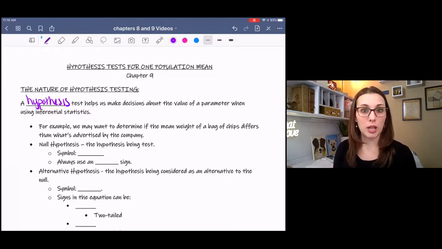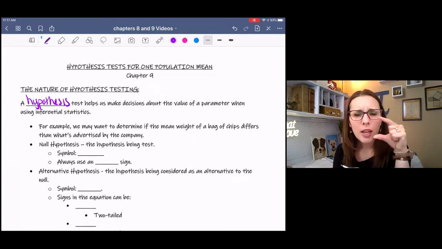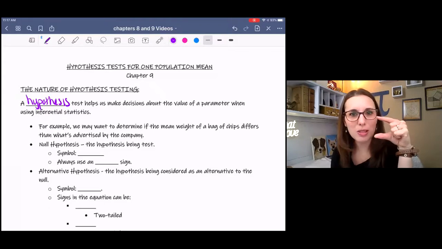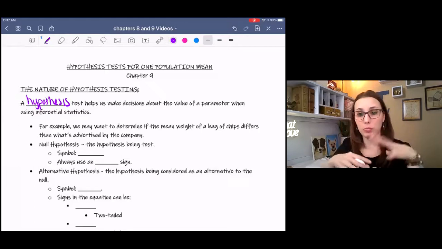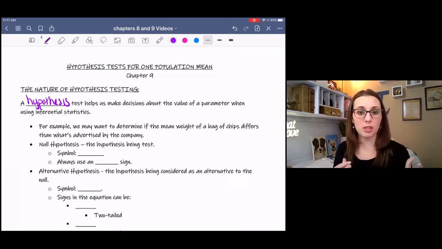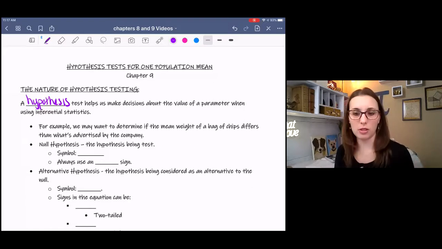So we could pretend that I think I'm getting fewer chips in my bag of chips. I've opened my bag of chips and I'm so excited, and I have like this many chips at the bottom of the bag. And I'm like, wait a minute, this doesn't seem right. So you could grab a whole bunch of samples of bags of chips, gather data on those bags, get a confidence interval, and then run a hypothesis test and all that good stuff.